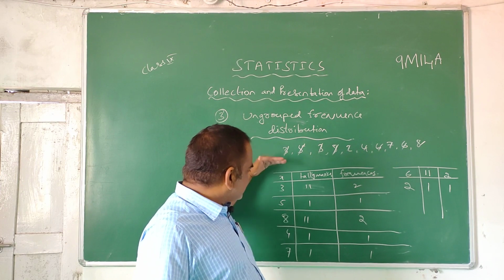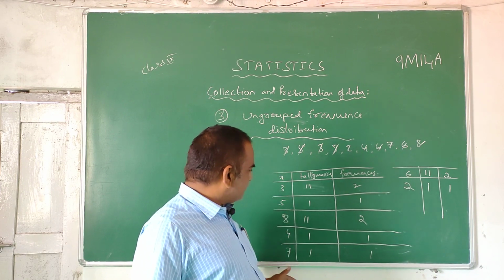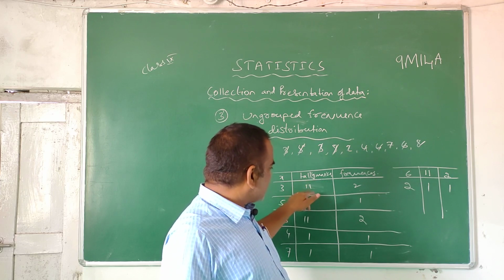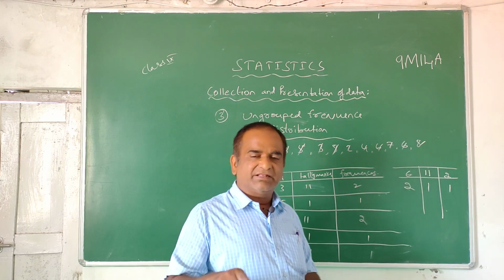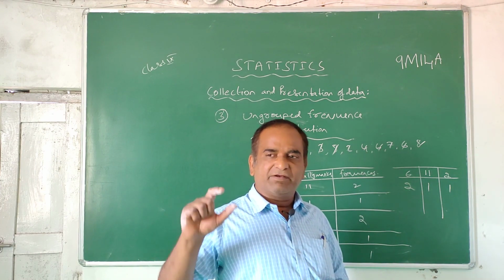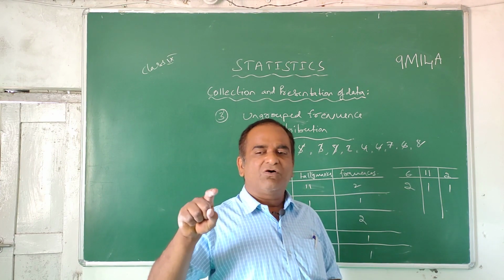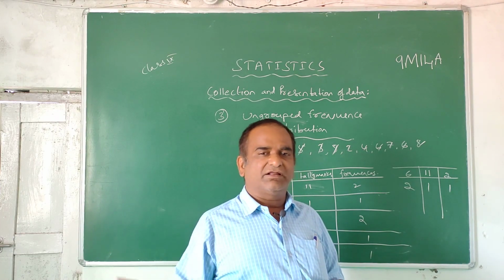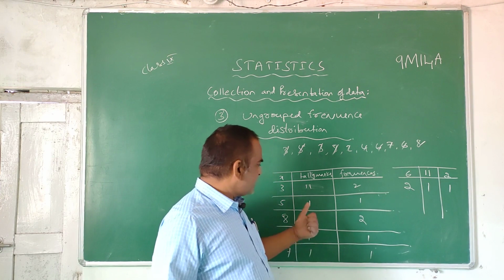In this first block are the various observations. Next, how many tally marks means how many times it is there, you will strike that many. If you are seeing 5 times, after 4 you have to cross like this. Again you have to start taking tally marks.